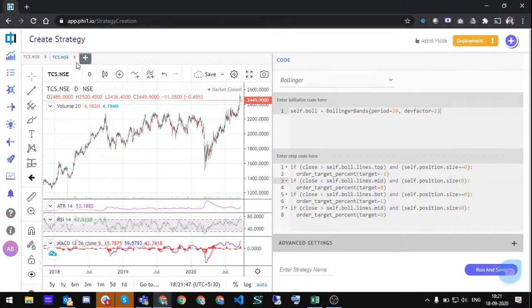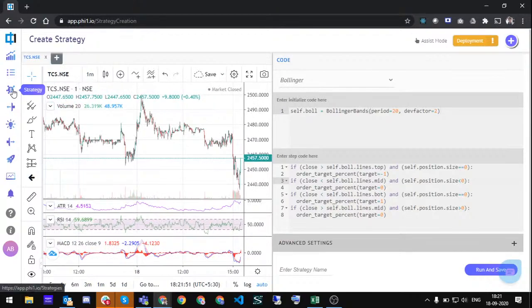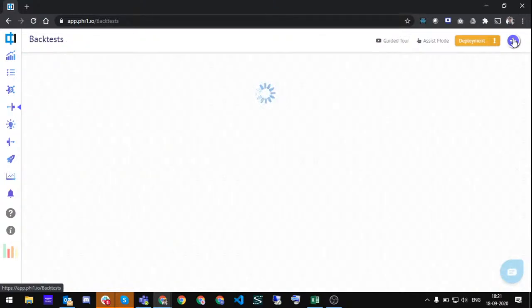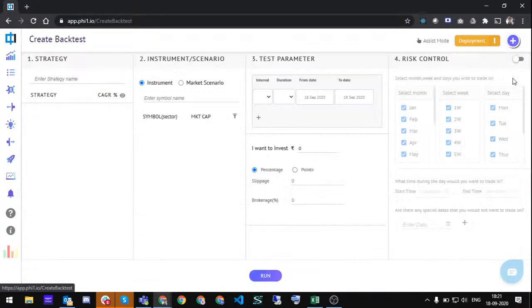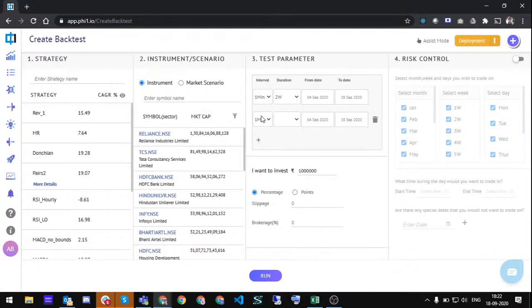And if you're only talking about a single instrument strategy, and you want to test it on multiple instruments or on multiple time intervals, then you can do that as well. As I said earlier, when you click on backtest, you can specify 1 minute plus 1 day or 1 week, 1 month, whatever. So the individual candles that are then being specified to the strategy are 1 day in this case and 1 minute in this case.